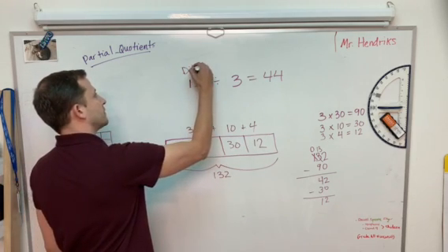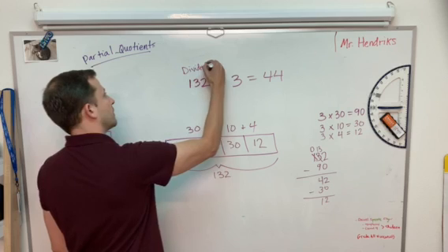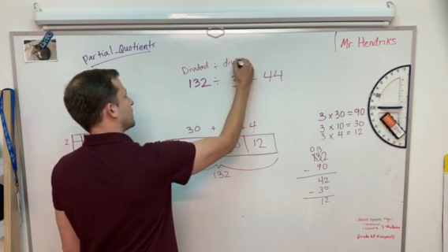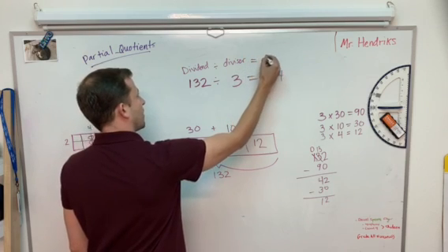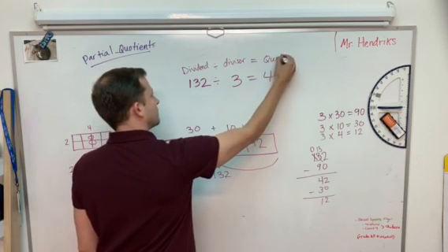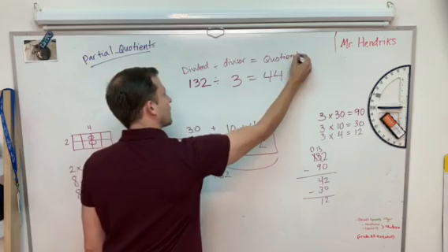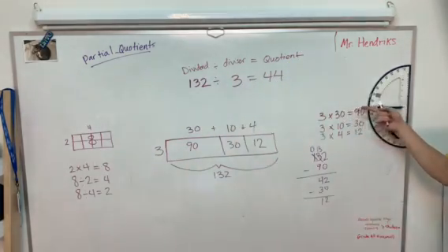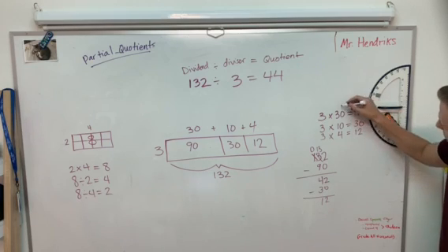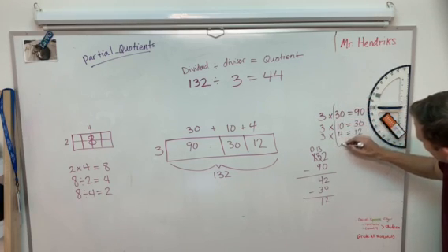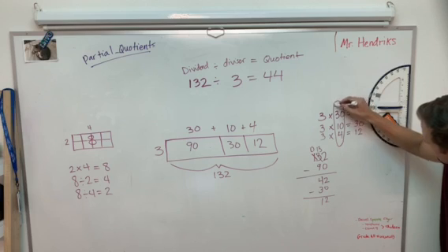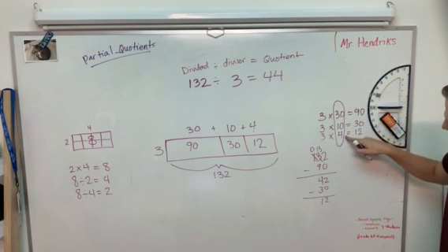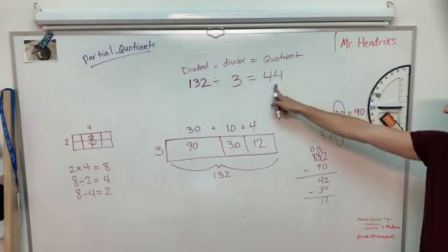Dividend divided by divisor gives us our quotient. And what's neat is, if you look at our multiplication problems over here, if we add up all the factors that we multiplied 3 by, 30 plus 10 plus 4, that also gives us 44.